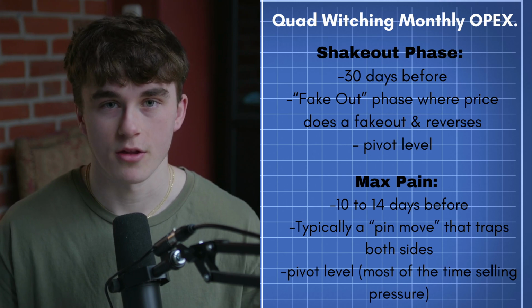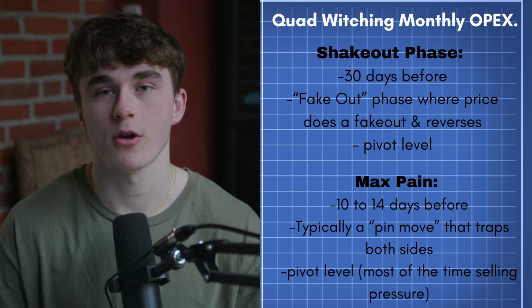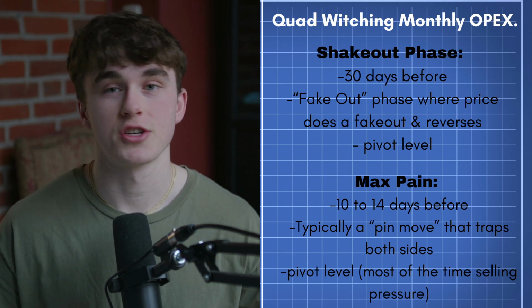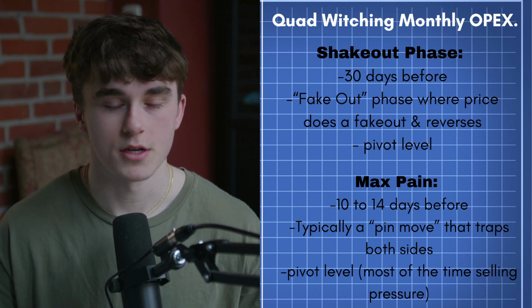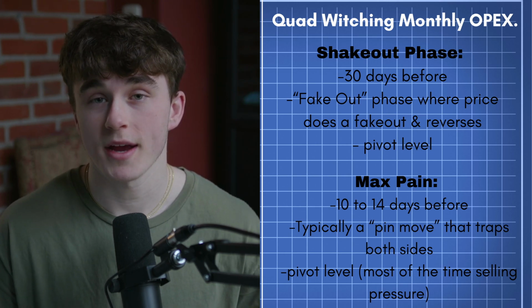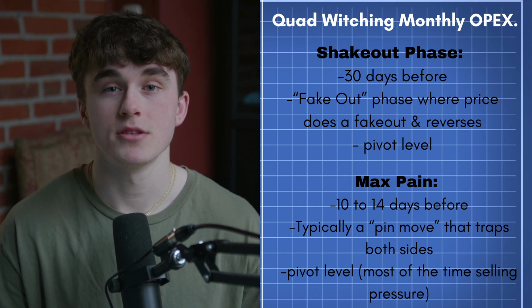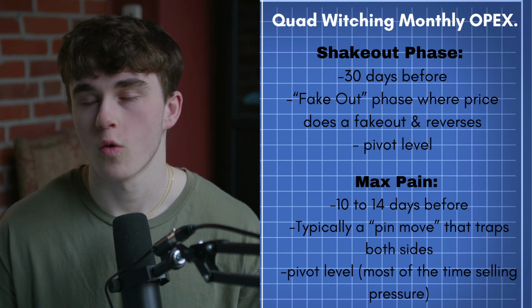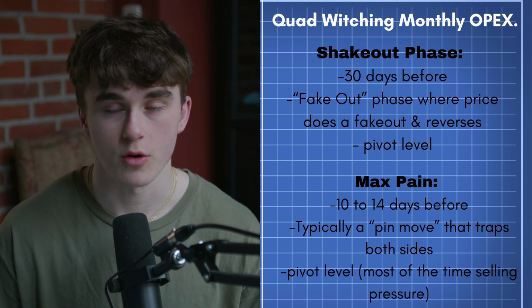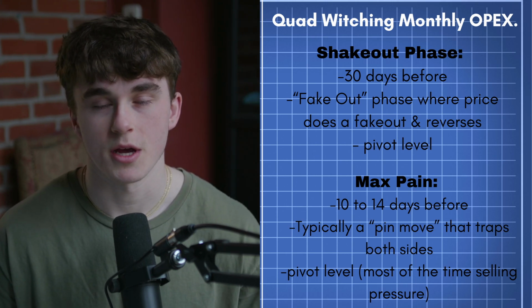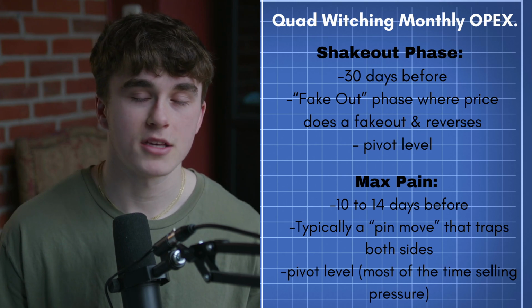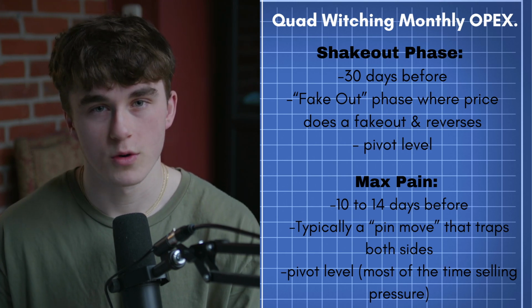And with so much money expiring on that same day, the market makers are actually preparing much further beforehand. So what you can expect is that the shakeout phase happens 30 days before that quad witching date, which again is the third Friday of March, June, September, and December. And then the max pain phase happens around 14 days before.